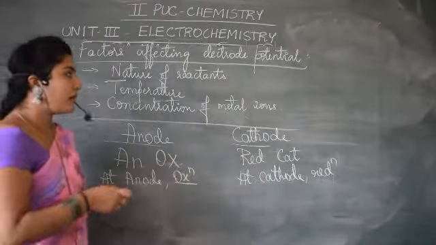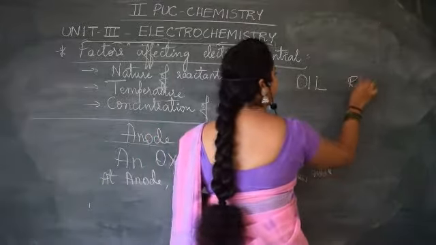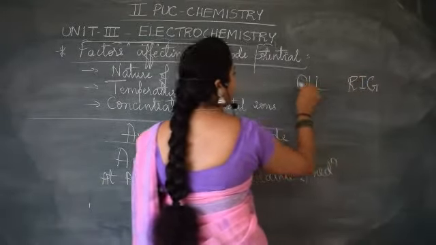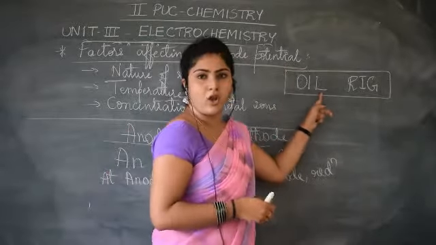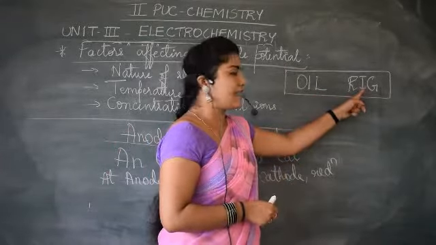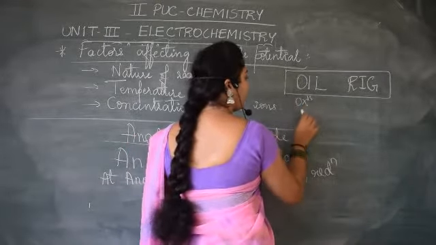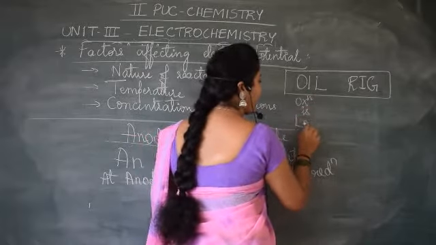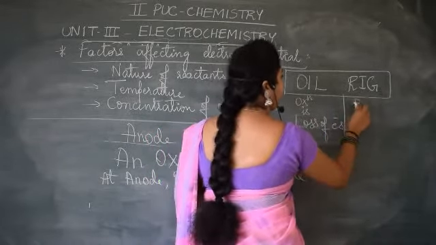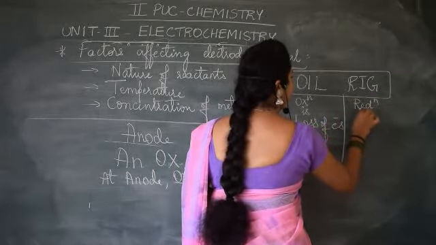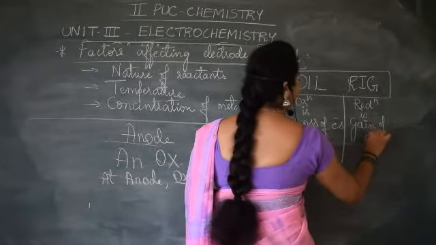So how should we remember? OIL RIG, R-I-G, oil rig. That means oxidation is loss of electrons, reduction is gain of electrons.